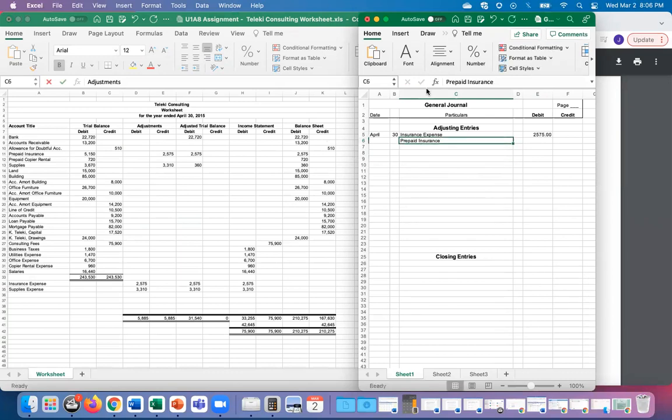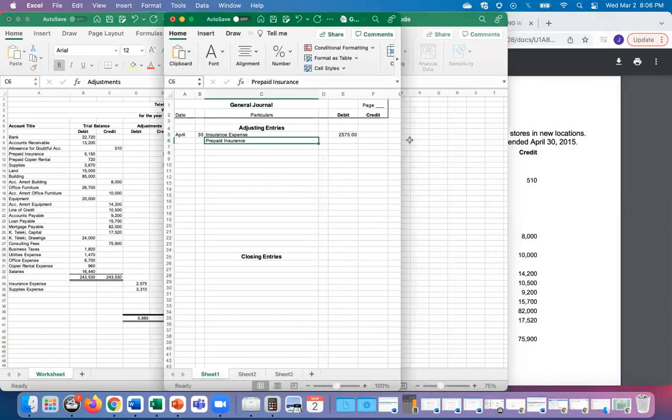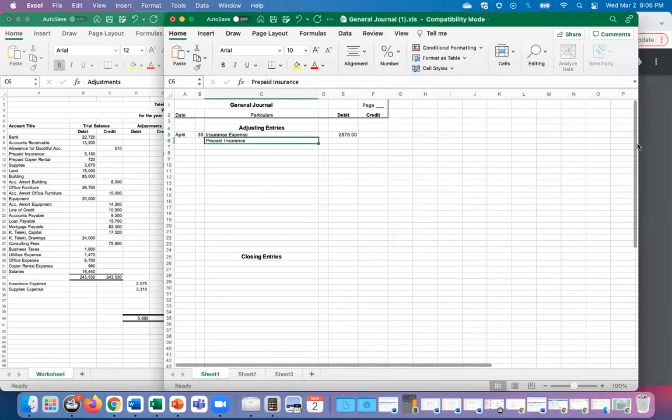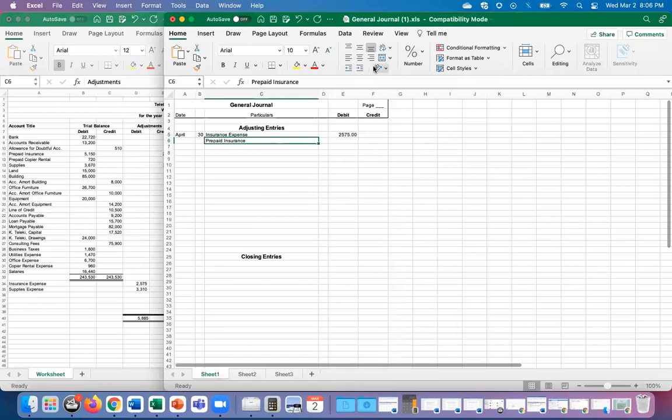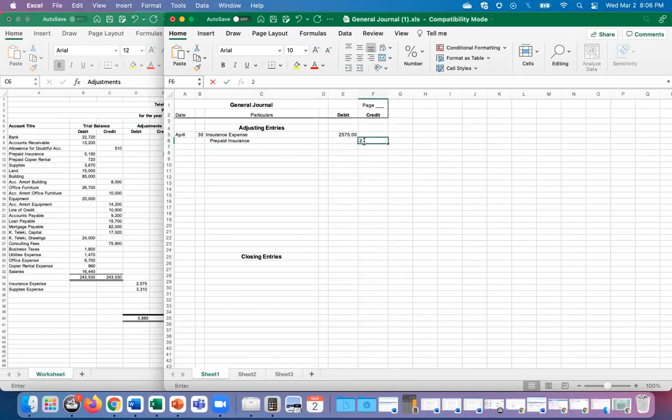And we want to indent that because it is the credit, right? So got to make sure I hit my little indent button here, but things got to be bigger. There we go. And we'll put in that same amount, 2,575.